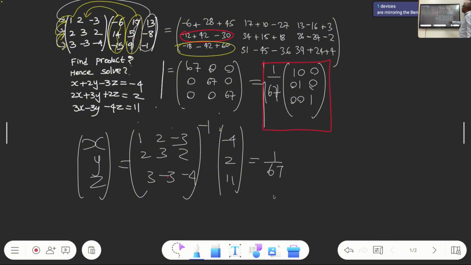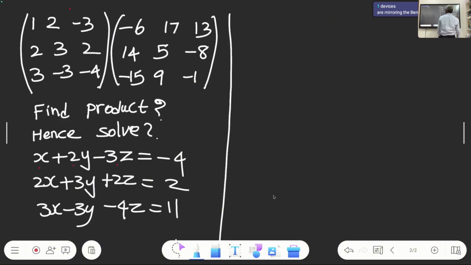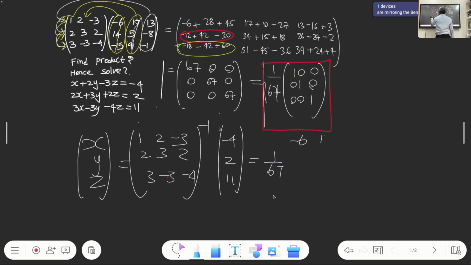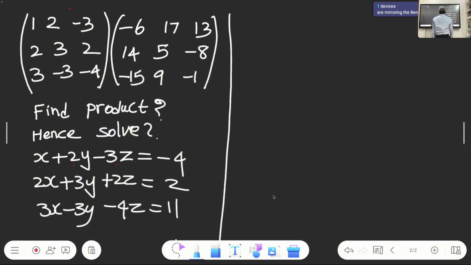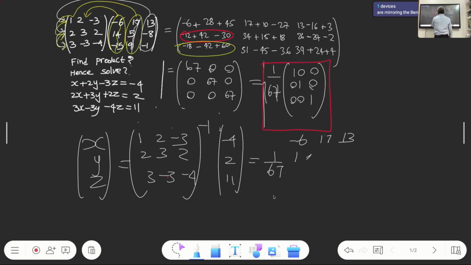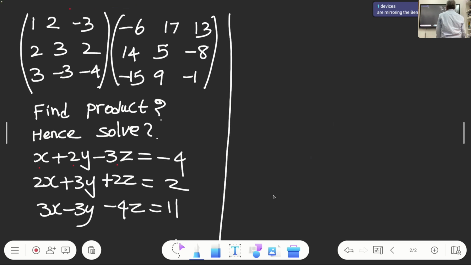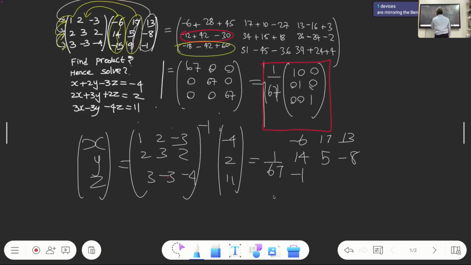This inverse is nothing but 1 by 67 times minus 6, 17, 13, 14, 5 minus 8, minus 15, 9 minus 1. You understand what I am doing? Then multiply with minus 4, 2, 11.